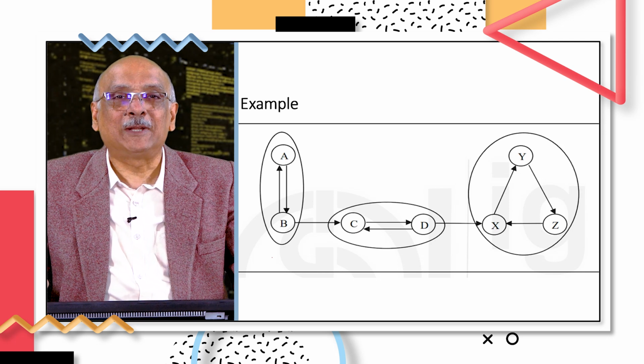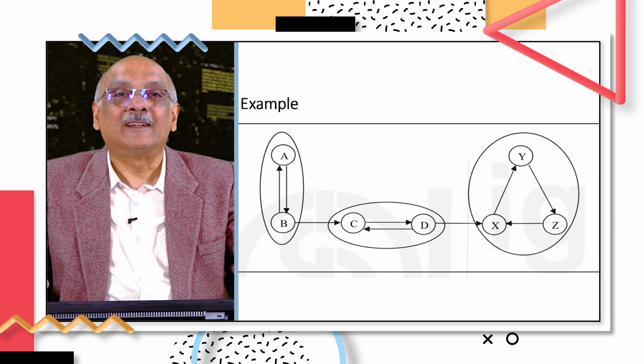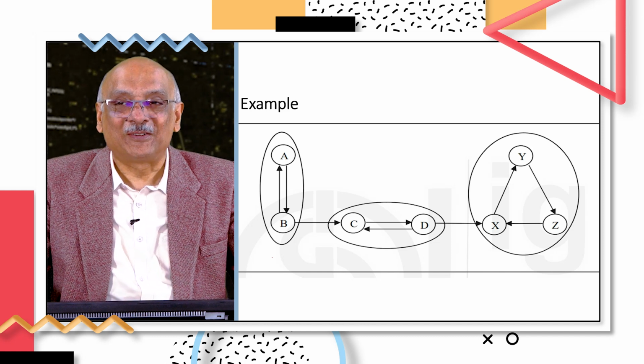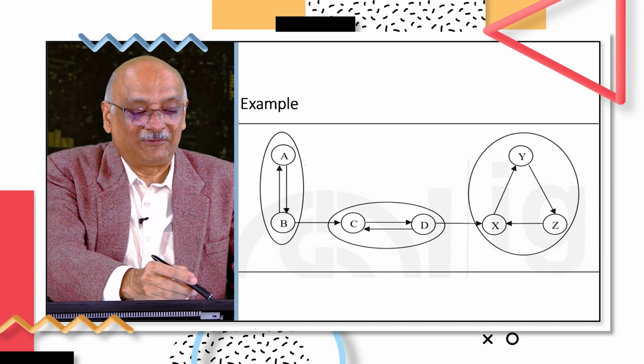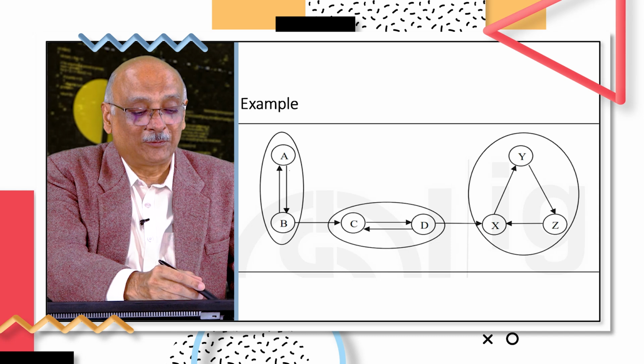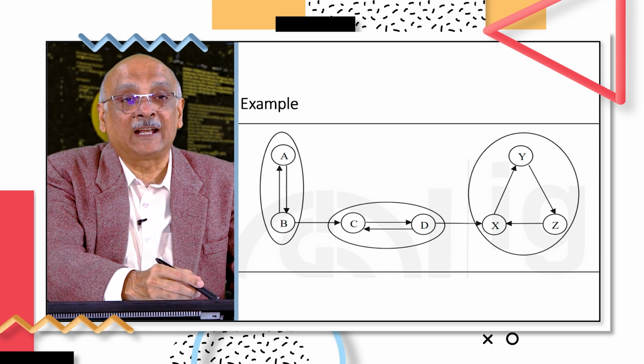How should we explain this better? Well, look at the example. Here is a graph. This is a directed graph; you can see all the edges are directed edges.